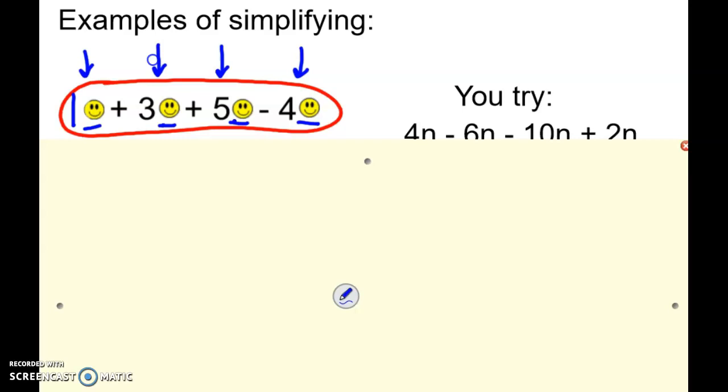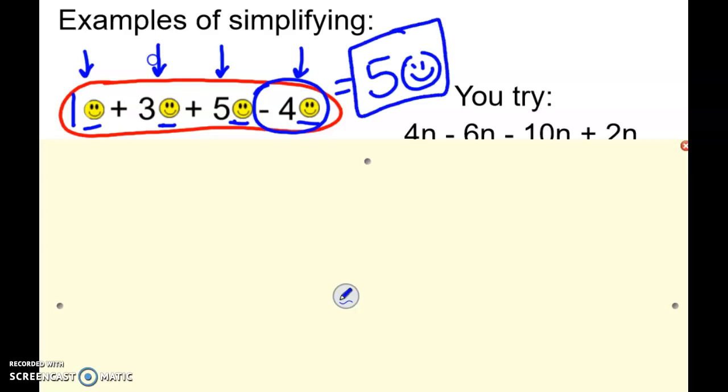Let's see, that gives me 9. And then if I take 4 of those smiley faces away, I end up with 5 smiley faces. So that's what I mean when I say combine like terms. Take all those 4 terms and simplify it down into 1 when you put the like terms together.